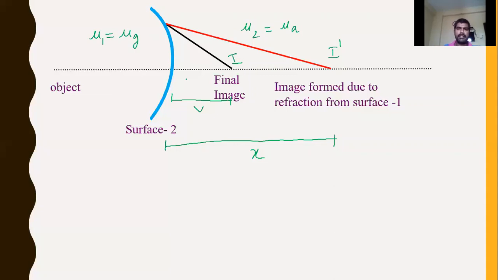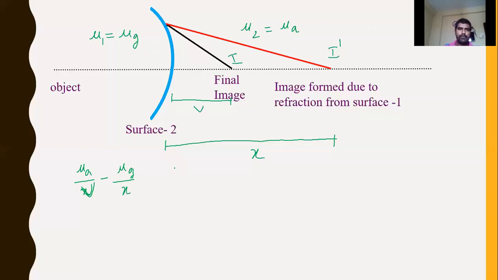Now the object is placed at a distance x for the second surface, therefore here you can use the curved surface formula, and you can write down mu a divided by v, mu 2 divided by v, minus mu g divided by x, where the first medium is mu g and the object distance is x.